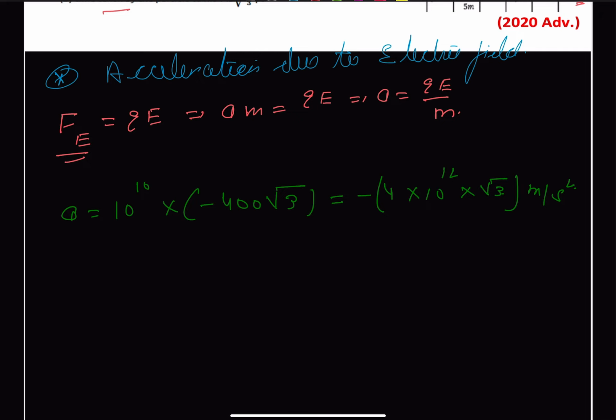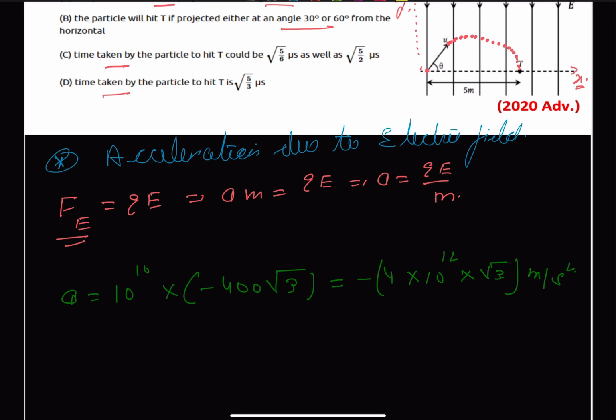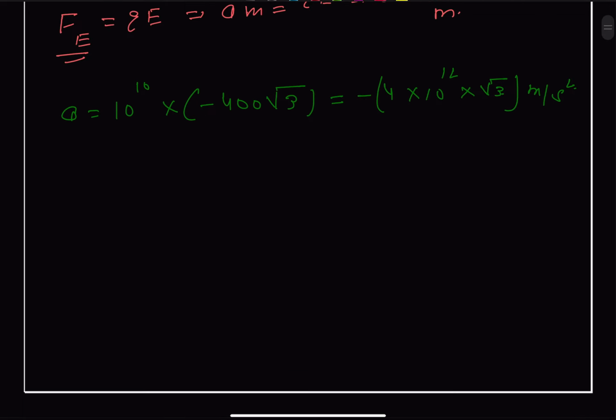And in the figure itself we are given that the initial velocity u is making the angle theta with the horizontal. So we can divide this u into 2 components. So this is our x-axis, initial velocity u making angle of theta. One component will be u of x and the other component will be u of y.